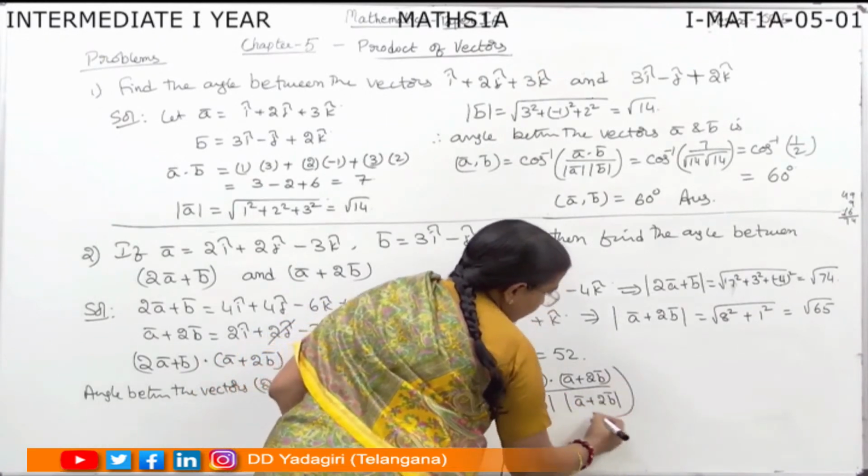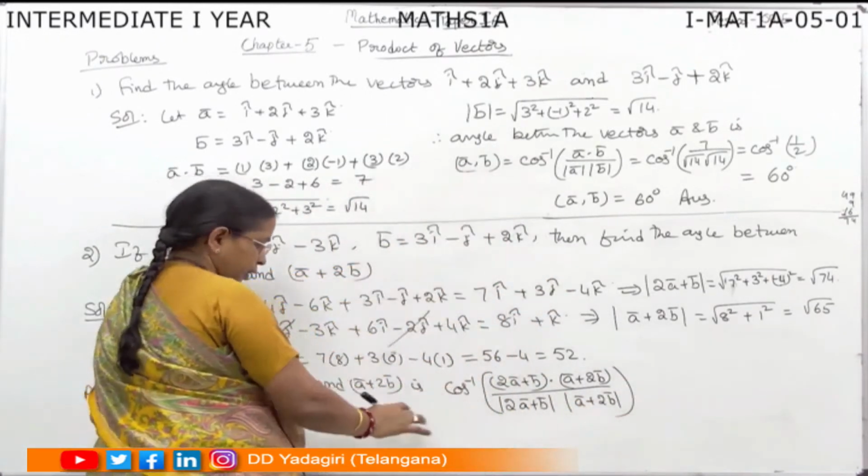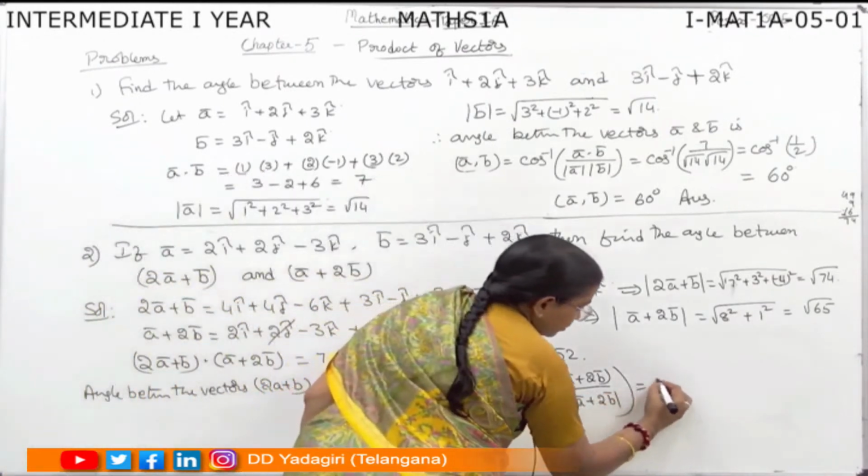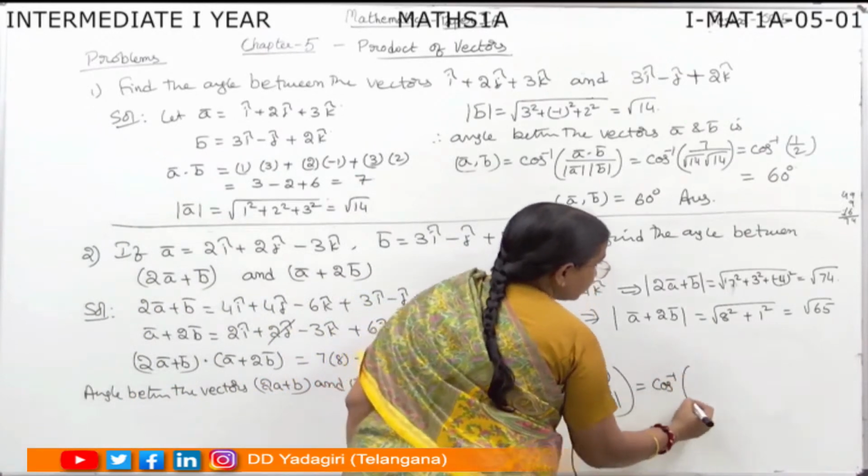The formula is the same, but instead of A and B, you have 2A plus B and A plus 2B. Now simplify. Cos inverse of, you have all the values.